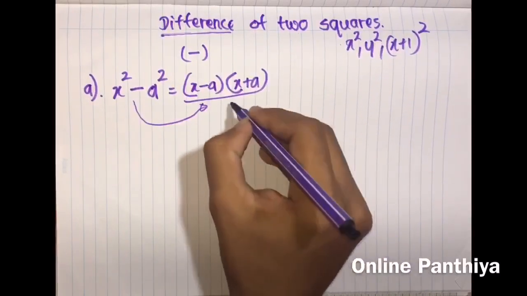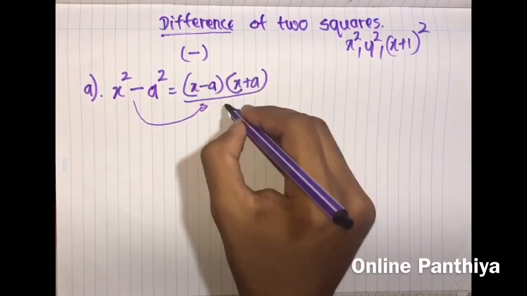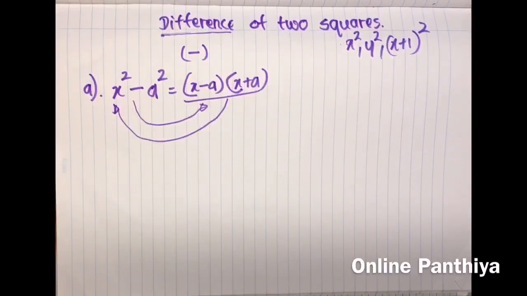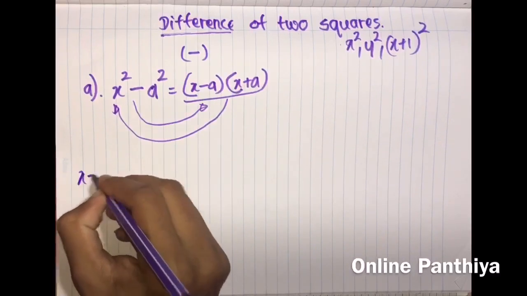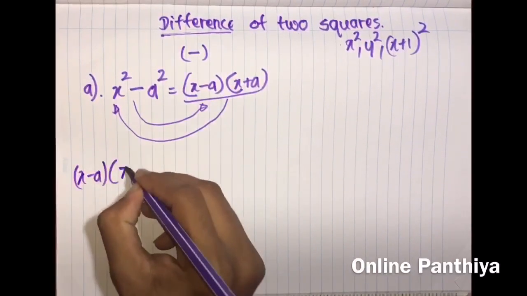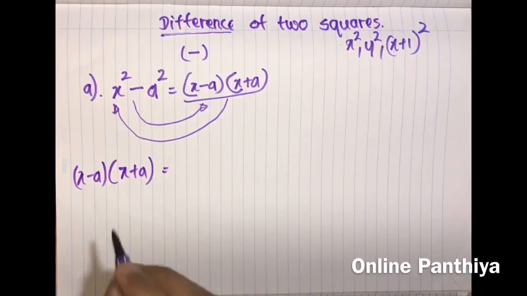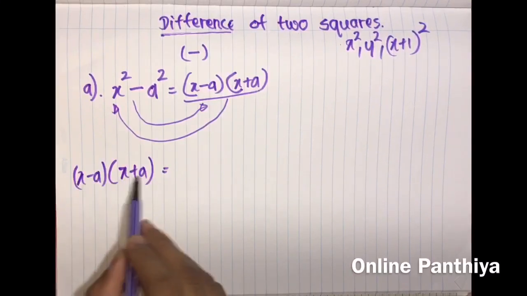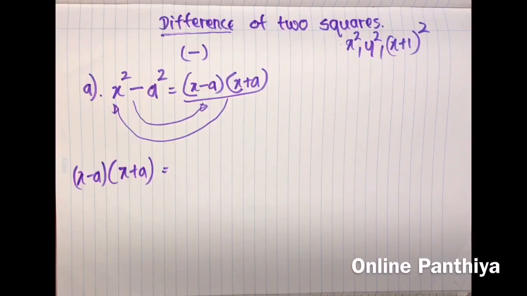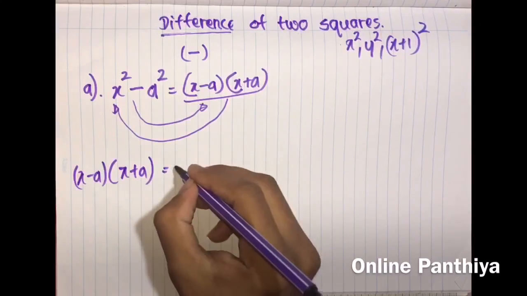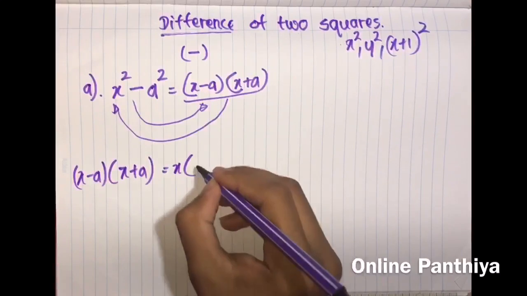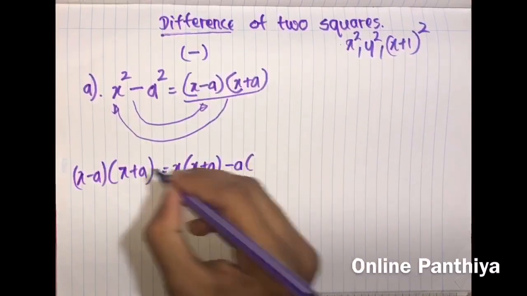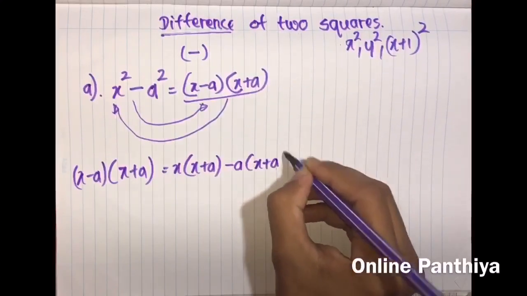Now let us check this. Let us simplify, solve, and then check whether we are getting x squared minus a squared. Let me take x minus a and x plus a. How do you solve? You multiply both of these terms by x first and then both of these terms by minus a.